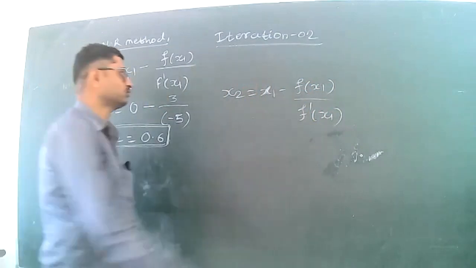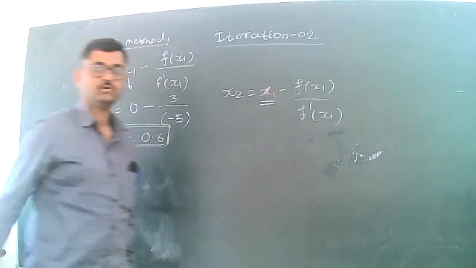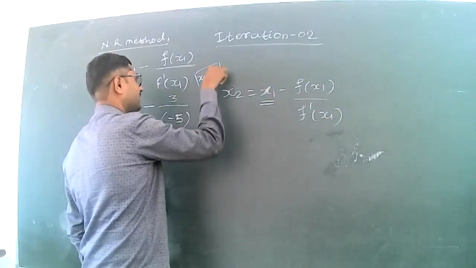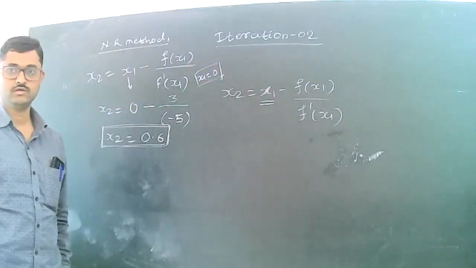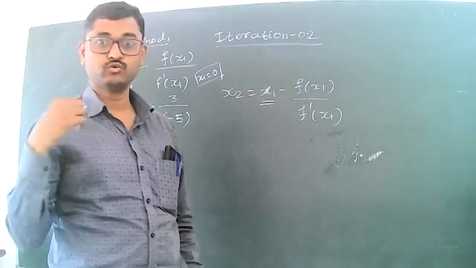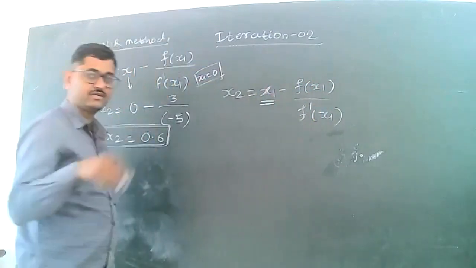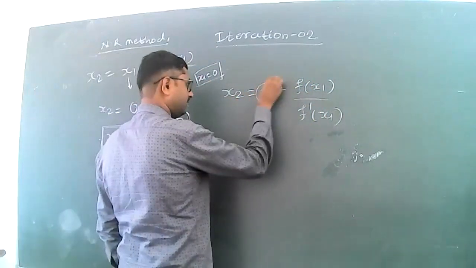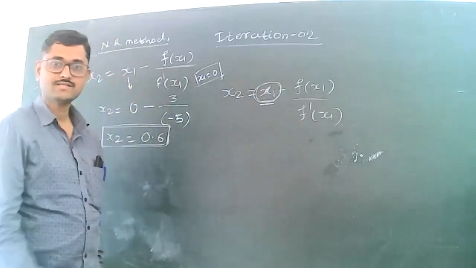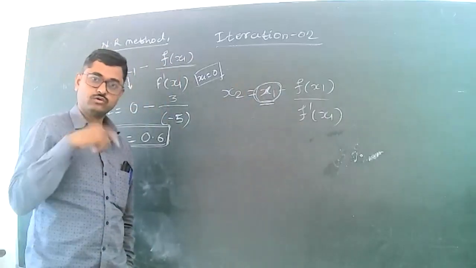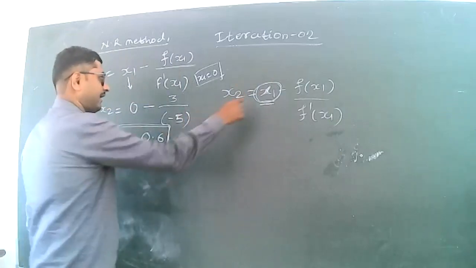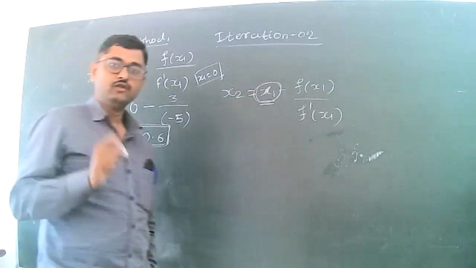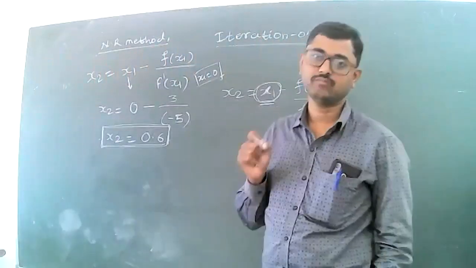The question is, what about the x1 value for the next iteration? For the first iteration, we used x1 equal to 0, which was directly given in the numerical as the initial guess. But for iteration number second, we have to take x1 as the root, that is x2, the value which comes from iteration number 1.